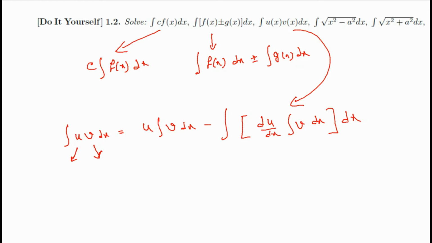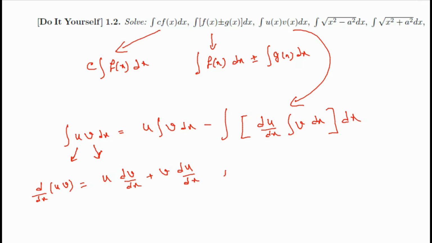Now, to prove this, we will use d/dx of uv. This is the rule of differentiation: u dv/dx plus v du/dx.